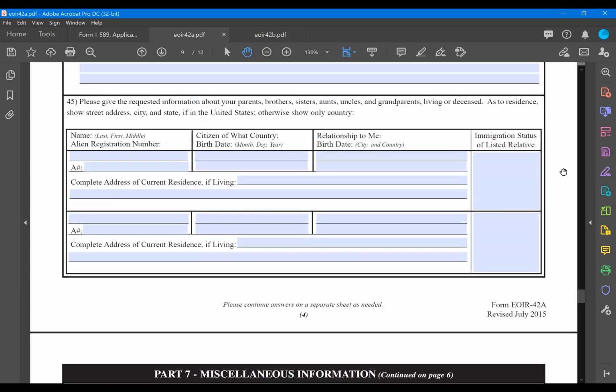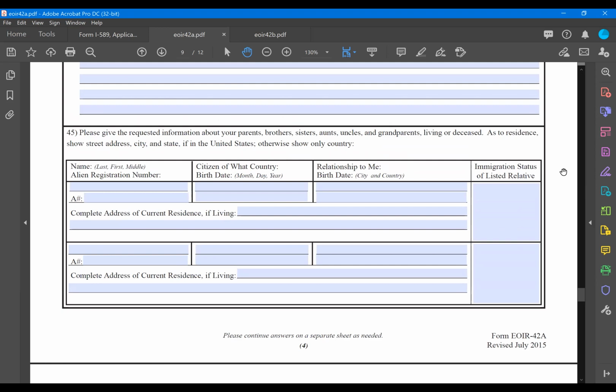And I get this question a lot with folks. They're worried, right, about putting their undocumented family members' information on this form. I have never seen or heard of an undocumented family member getting hunted down because they were listed on an application for cancellation of removal. I understand why people are worried about that. I've never seen it happen.